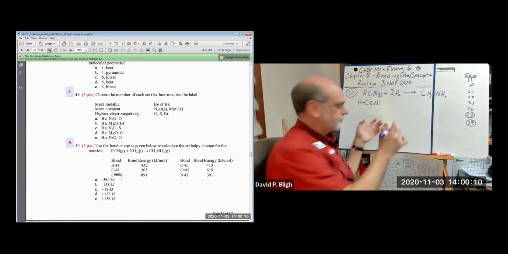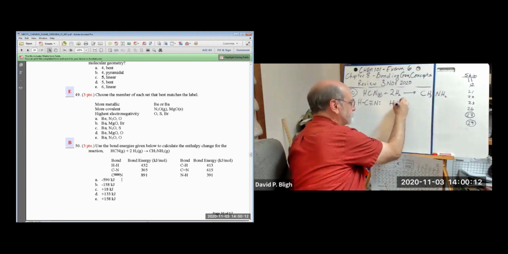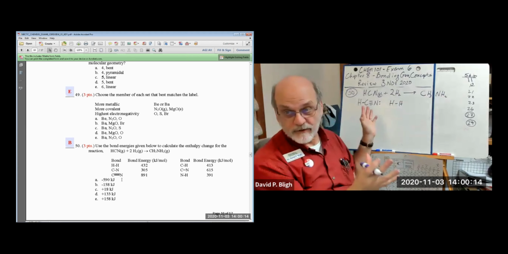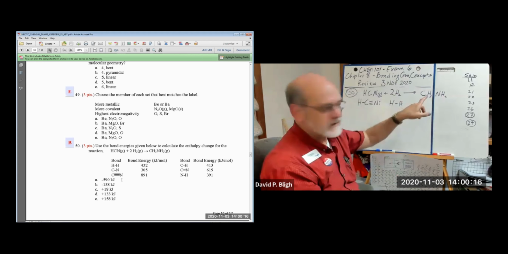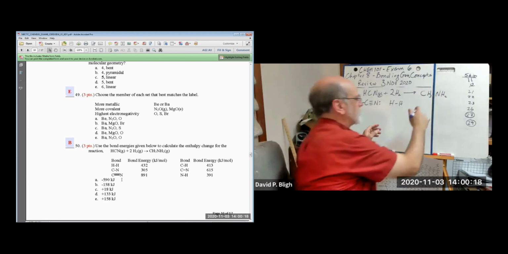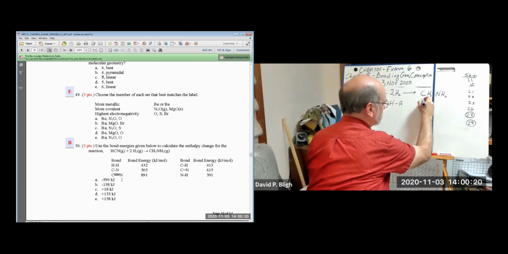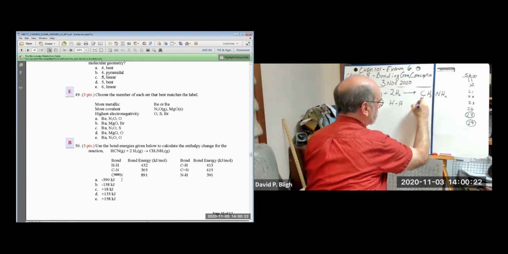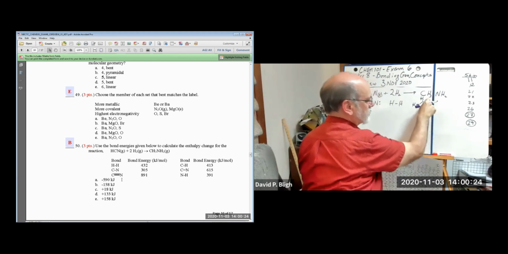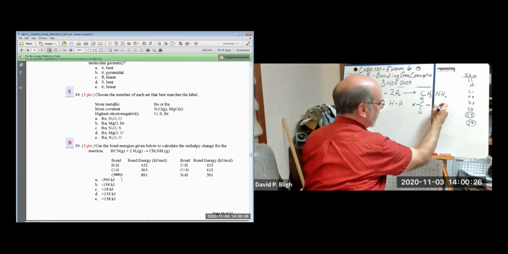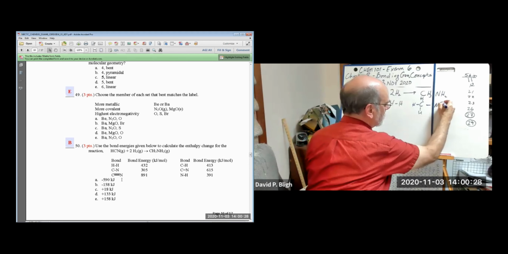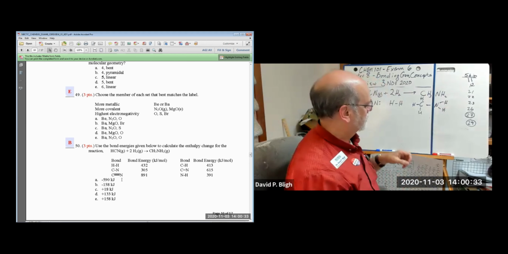Hydrogen. That's it for hydrogen. This one is a little more difficult. You've got that. That's what this means. And then this is bound to that one, and it has 2 hydrogens. Okay.